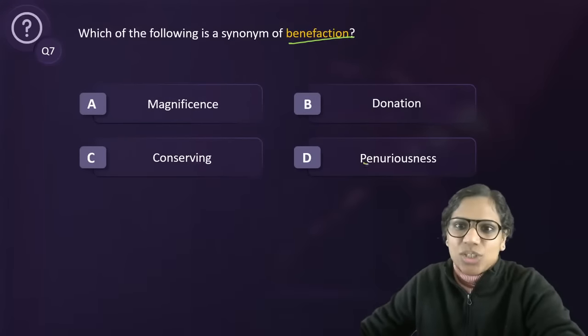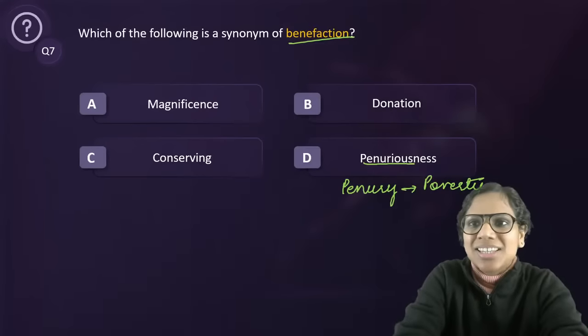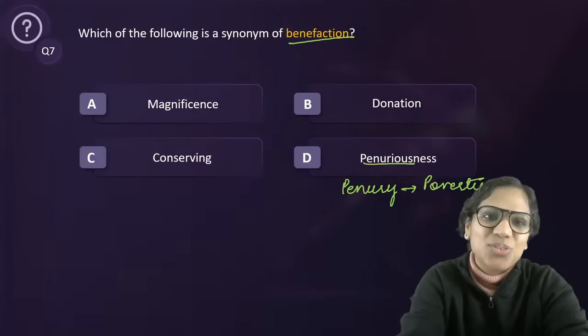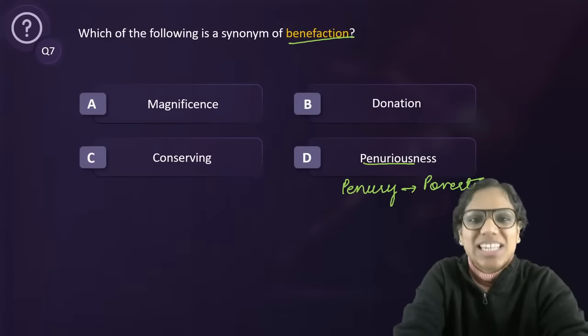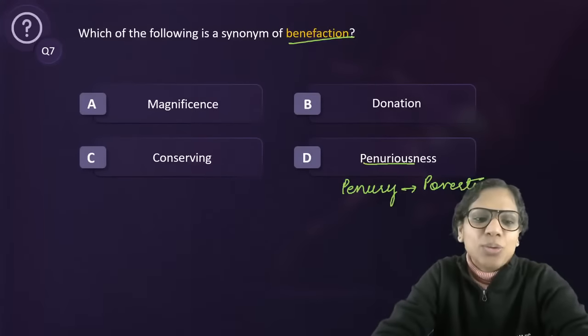penuriousness is actually, see, penury is poverty. So penuriousness is basically turning the adjective into the noun. Instead of straight away saying penury, we have turned the adjective into the noun.